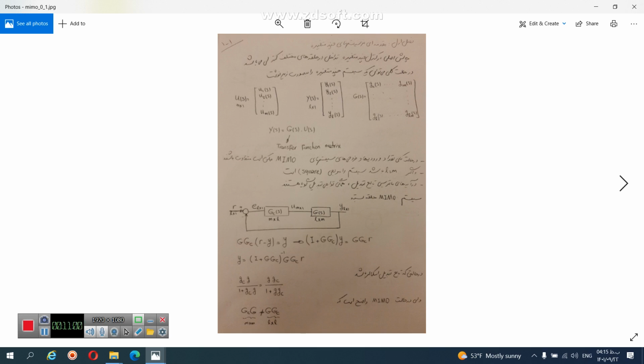R multiplied by G. Yes, you can write here. Divide both sides: y of s over r of s.